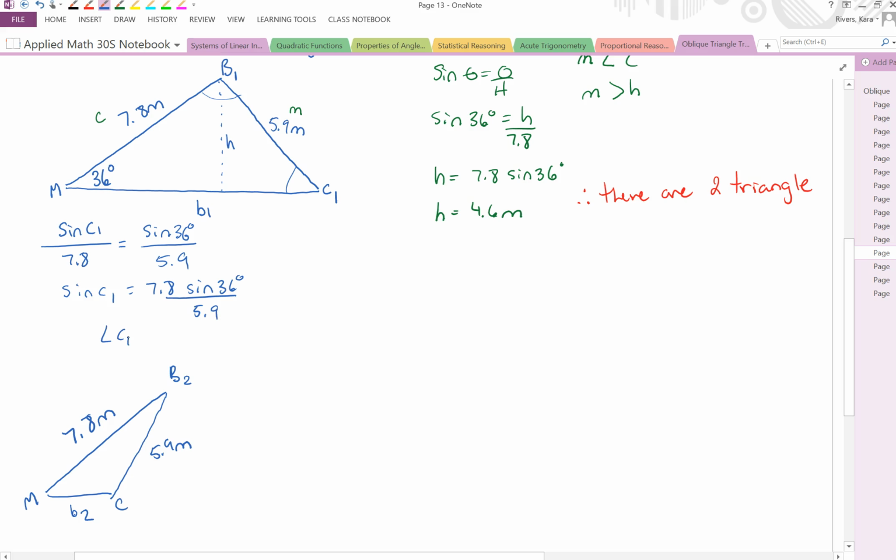So angle C1 would be sine minus 1 of all of this. Go ahead and punch all of that into your calculator. I'm just going to round to the nearest degree, and that would give me angle C1 equal to 51 degrees.